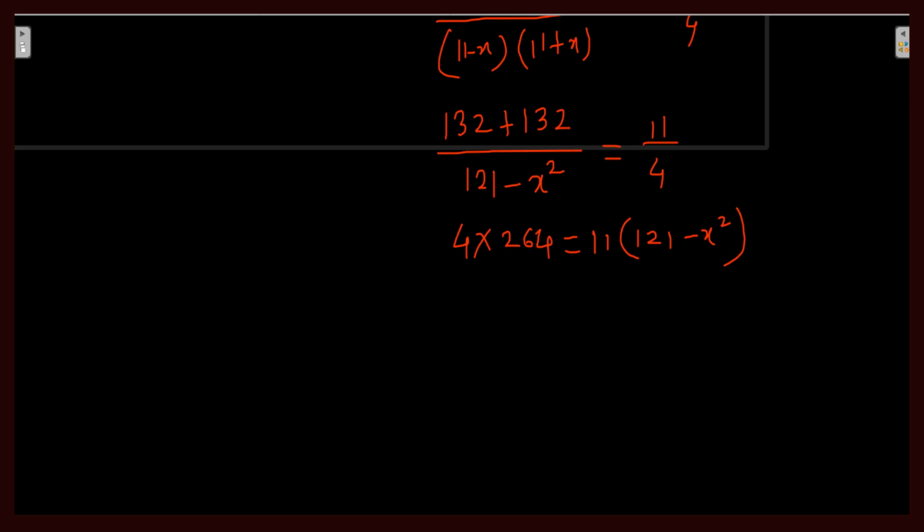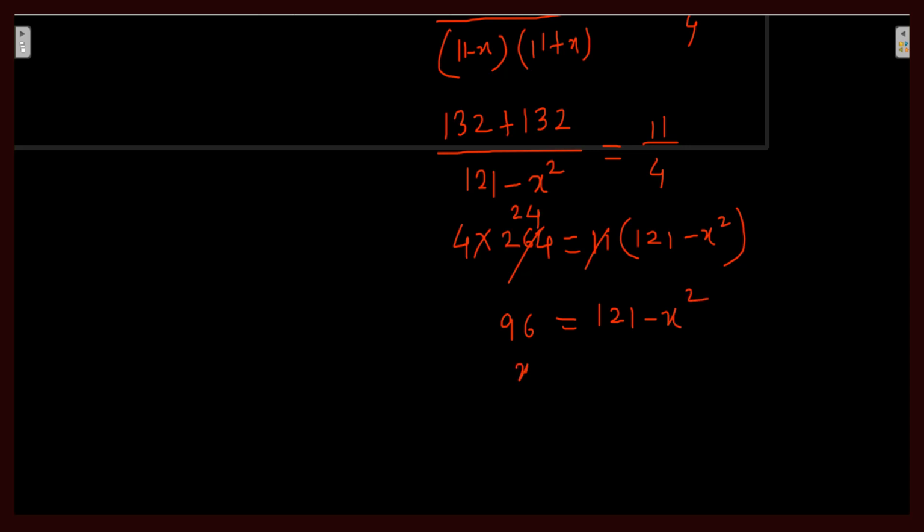So 4 into 264 divided by 11, you can solve this as 11 ones are 11, 11 twos are 22, and 11 fours are 44. So 4 fours are 16, and 4 twos are 8, and 1 9, that is 96 is equal to 121 minus x square.